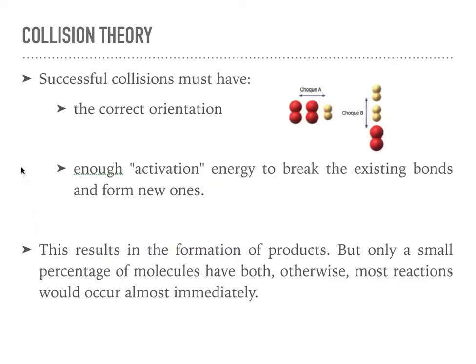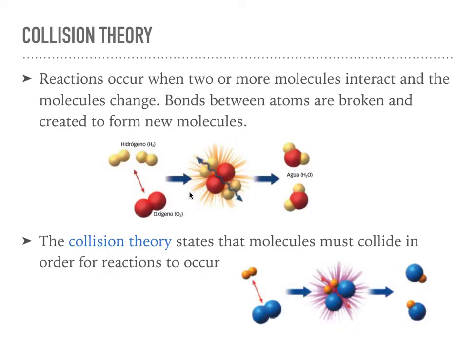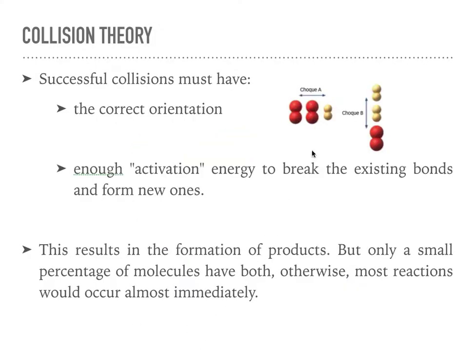Collisions happen all the time, but successful collisions must have the correct orientation, because, for example, we have seen here that they collide in this exact position. That's how they stick together this way. But if they are not perfectly oriented, like this or like this, they are not going to form a new molecule, because they are interacting in a bad way.